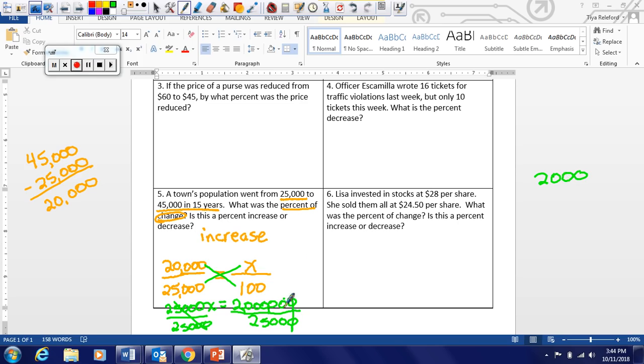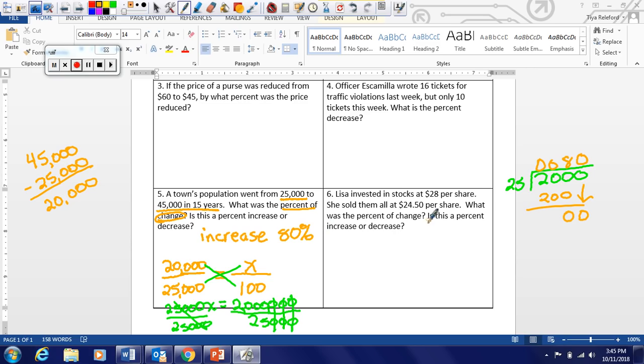I am saying that we increased 80%. Number 6 is like number 5.